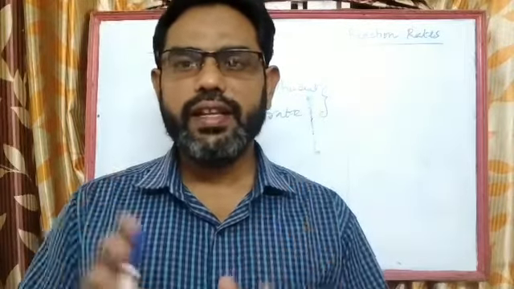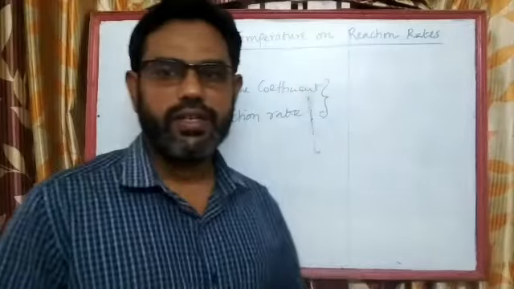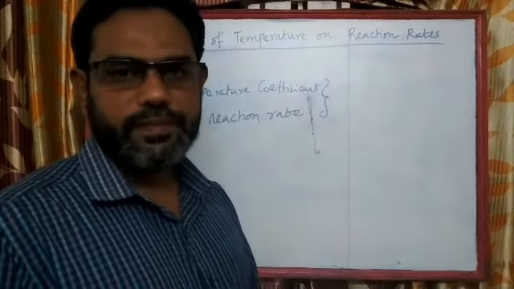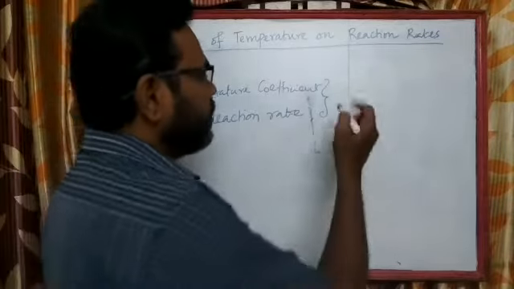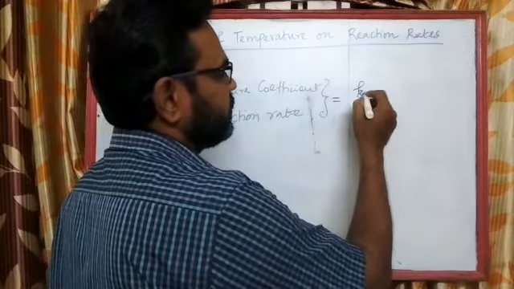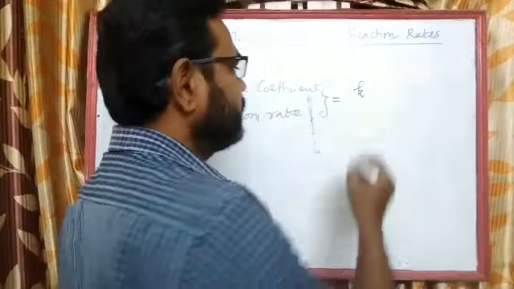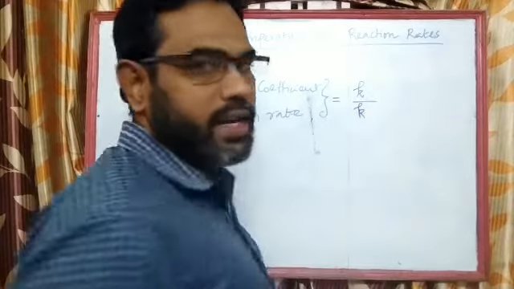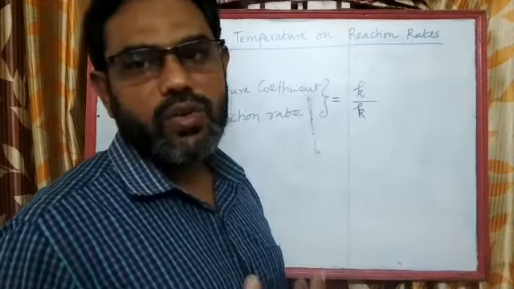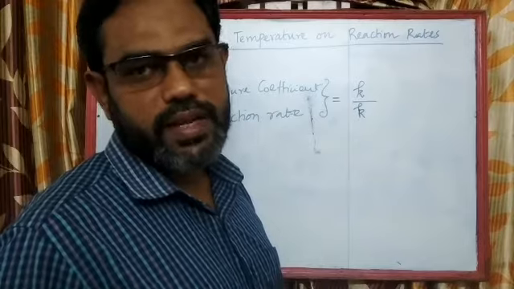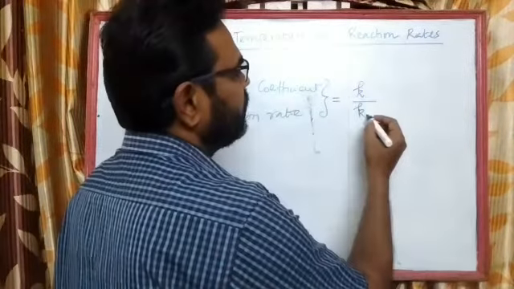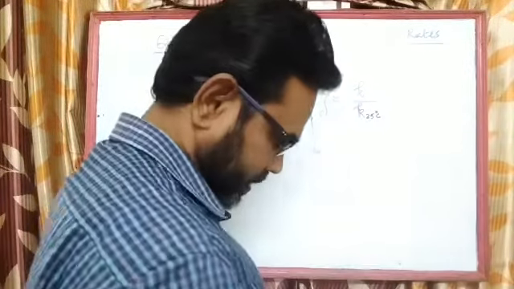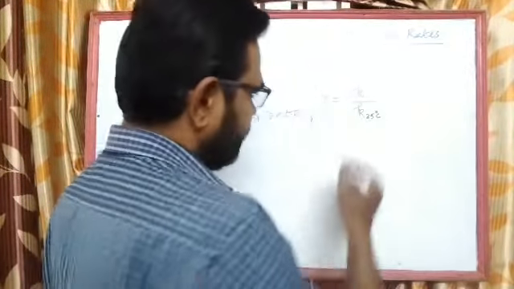So how do you define the temperature coefficient of reaction rate? It is nothing but the ratio of rate constants of the same chemical reaction studied at two different temperatures. Say for example, 25 degrees centigrade and then 35-degree centigrade.